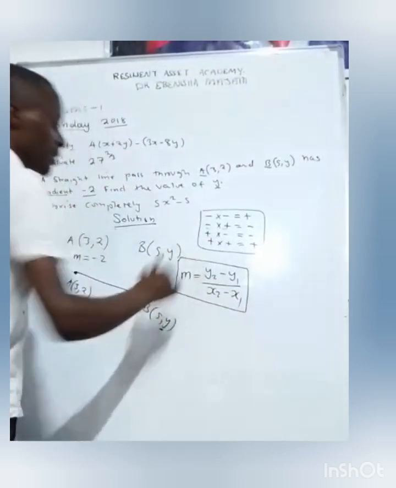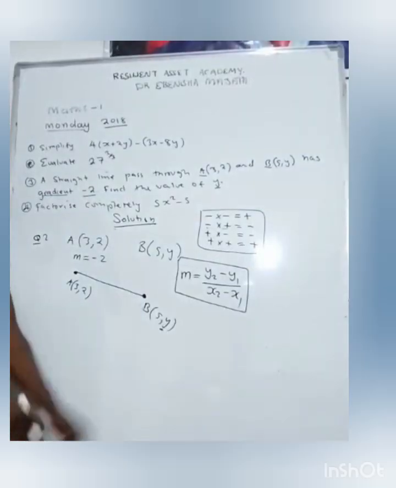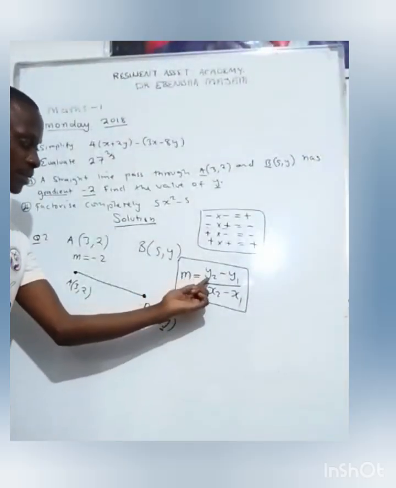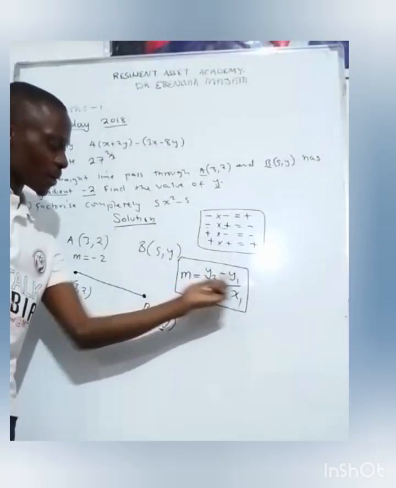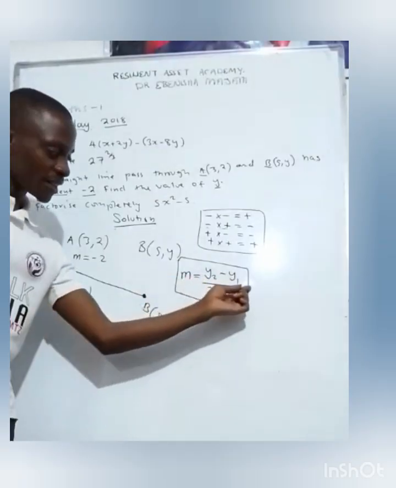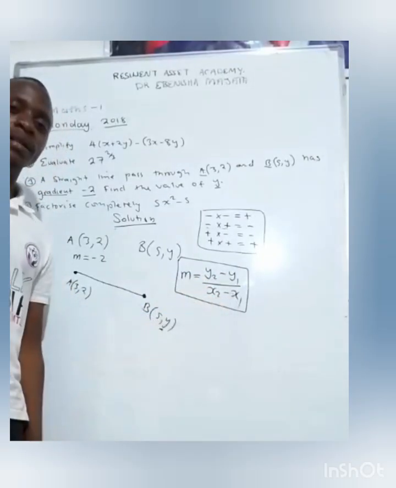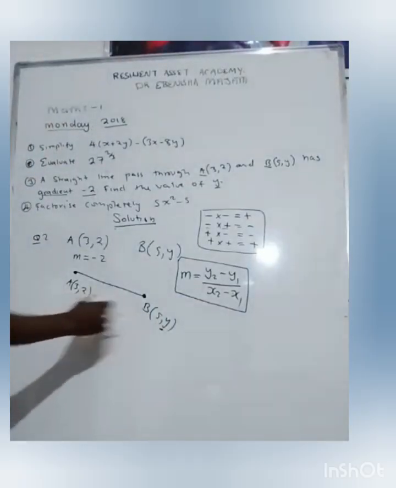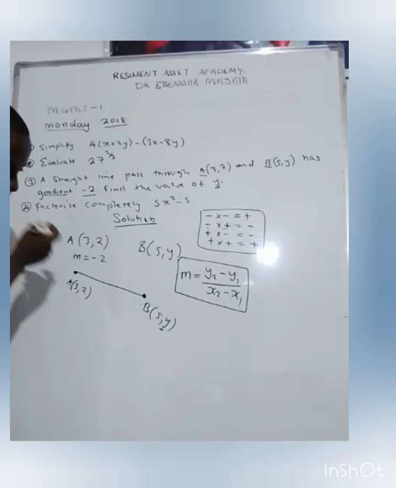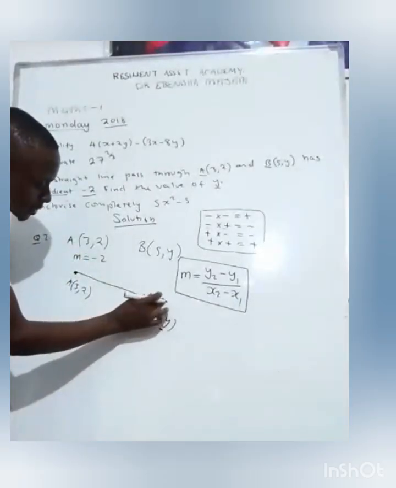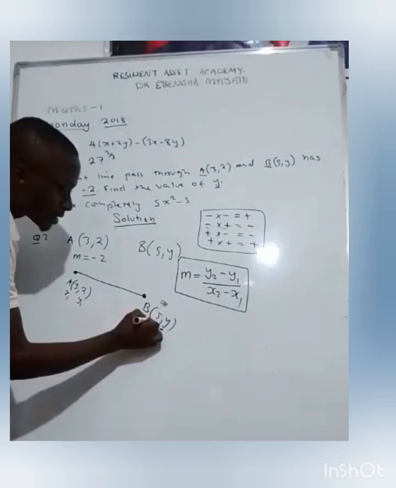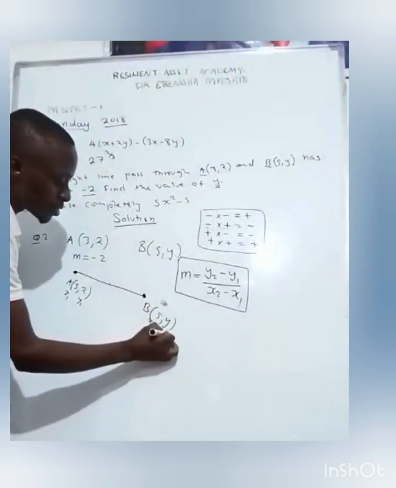Please write it down. m, the gradient, is equal to y2 minus y1, everything divided by x2 minus x1. Okay. And after you do that, you come here. You say this is your x1 here, this is your y1. This is your x2 there, this is your y2.